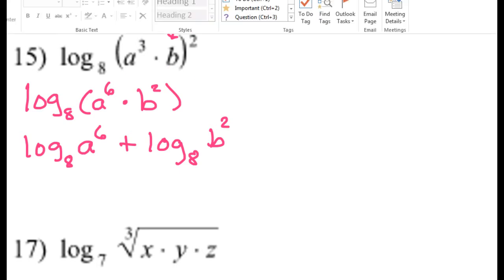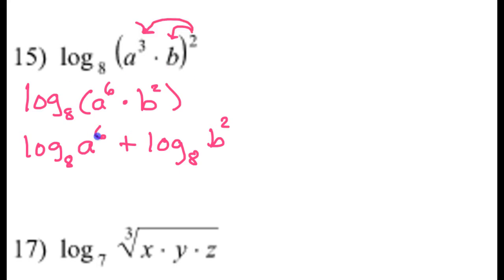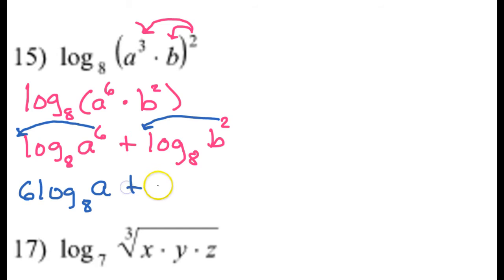Finally, we will use the power rule to put these exponents in the front. So the final answer will be 6 log base 8 of a plus 2 log base 8 of b.